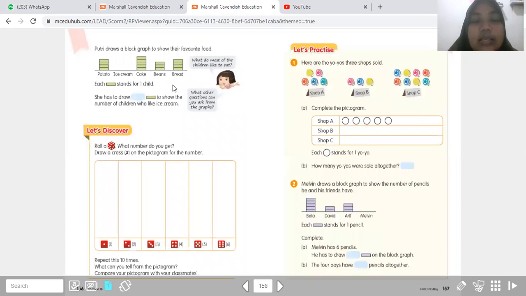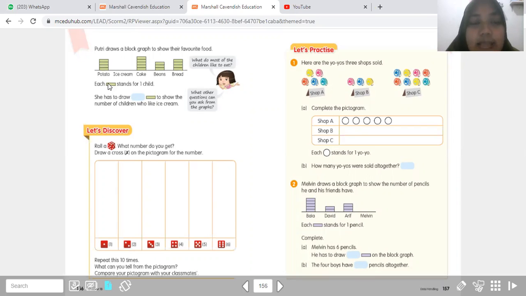This one is an example of a block graph. So the difference between pictogram and block graph is in the graph, absolutely. If at first we used a picture to represent the data, now we use a block to represent the data.